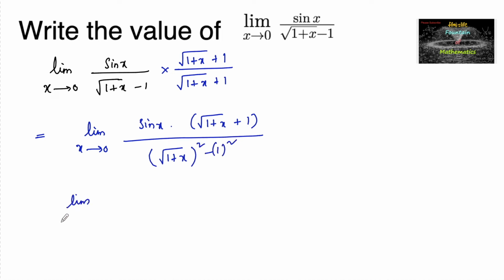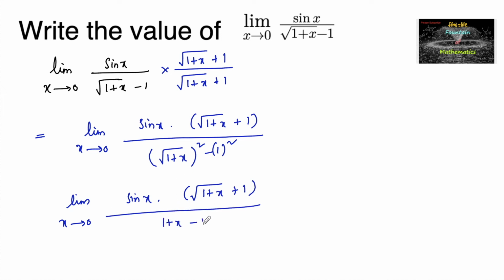So which can be written limit x tends to 0 sin x into root over 1 plus x plus 1 upon, here we can write root over 1 plus x minus 1. So which is equal to limit x tends to 0 sin x upon x into root over 1 plus x plus 1.